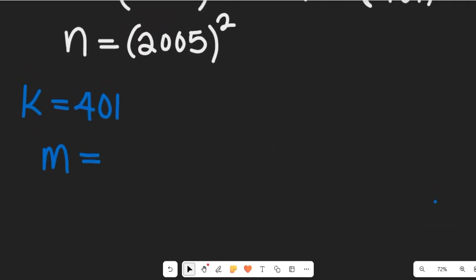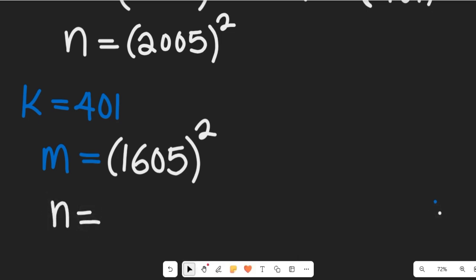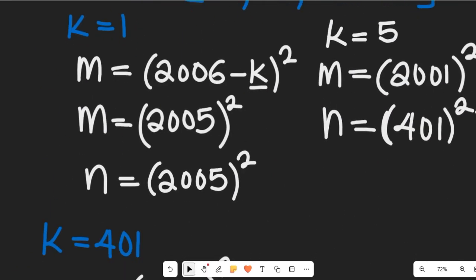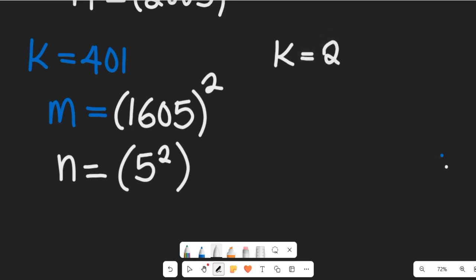That expression will simply give me 1605 square, right? And if I insert that into the other expression, a positive value of this divided by this will simply give me 5. So I'm going to have that become 5 squared.